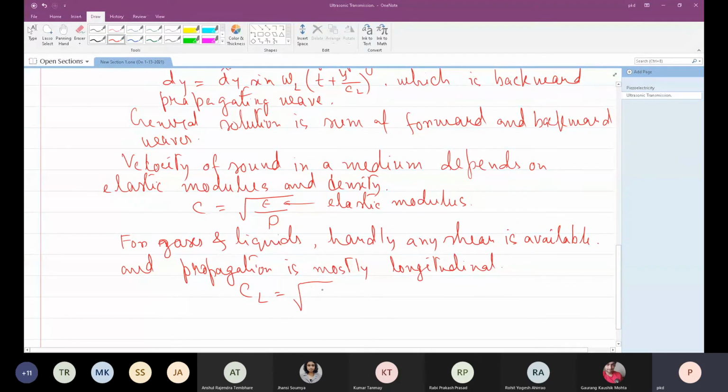square root of mu p by rho. P is the pressure, rho is density, mu is the specific heat ratio.